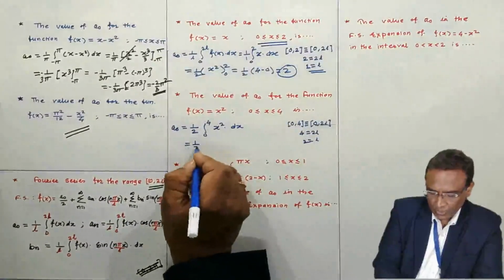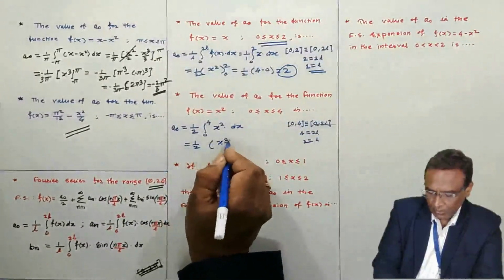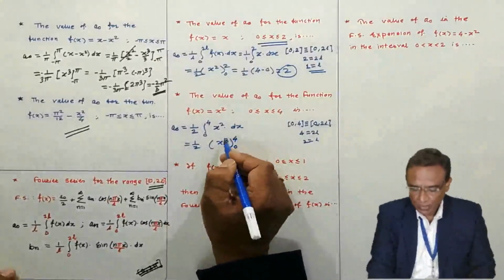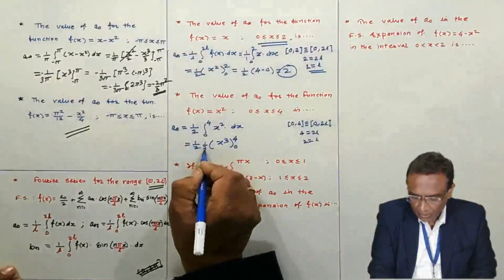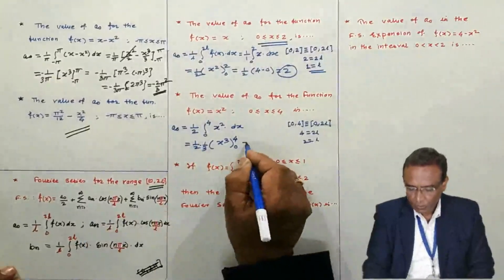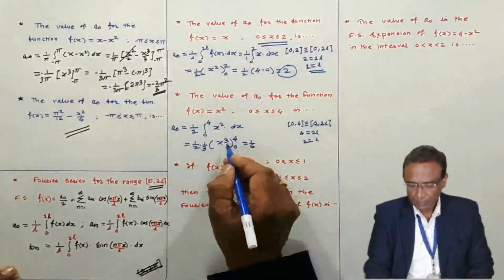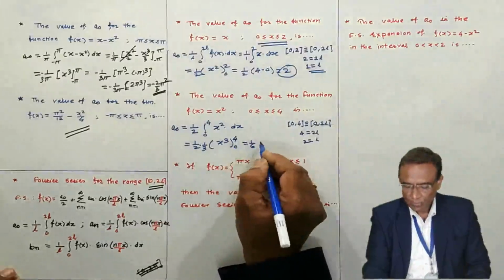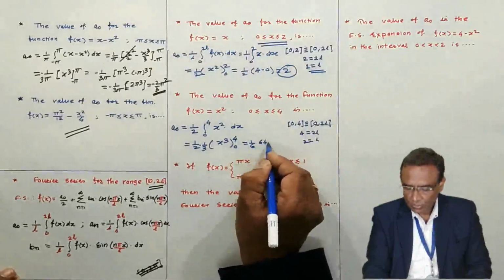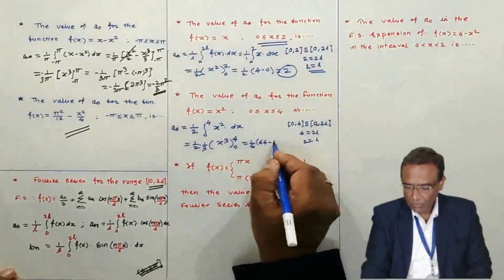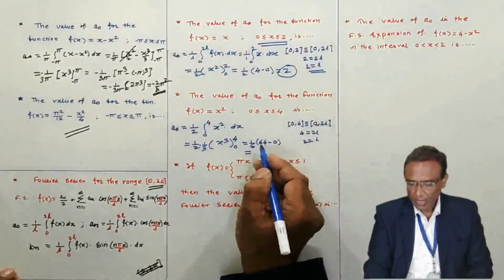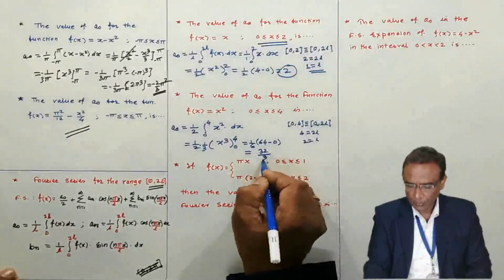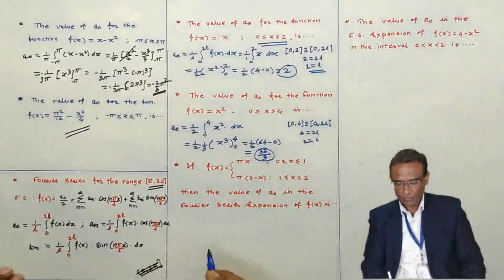Now, integration of this is what? x cubed by 3 is the integral of x square. I am writing the 3 outside directly. 1 by 6. 4 raised to power 3 is what? 64. Put x equal to 0, upper limit minus lower limit. And this 64 by 3 you can write 32 by 3 also. This is the value of a0.